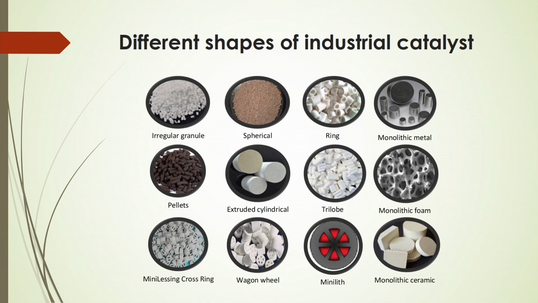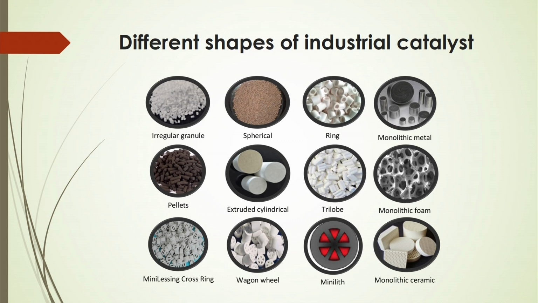Of course, before going to the discussion of the catalyst structured bed and different monolithic reactors, we should note the different shapes of industrial catalyst that have been developed. Here are different structures of the catalyst: irregular, granular, used earlier as a dispersed phase of catalyst in slurry reactors. Here are spherical particles used in the slurry system, where gas, liquid, solid reactions are carried out.